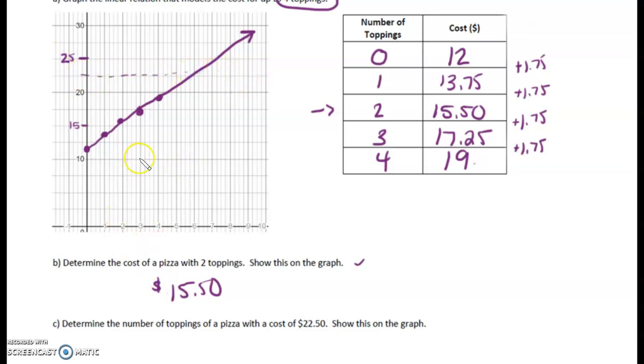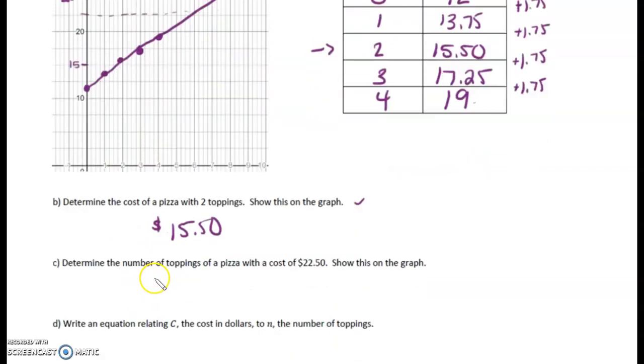But let's actually take a look at the equation. So we left off at 4, 19, right? So let's just pattern 5, 6, and then we'll take 19 and we'll add 1.75 to it. So we get 20.75. Add another 1.75.